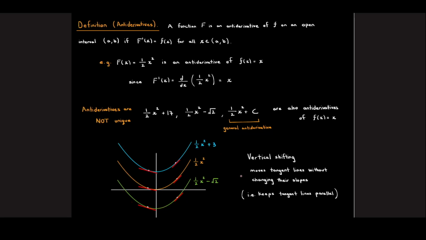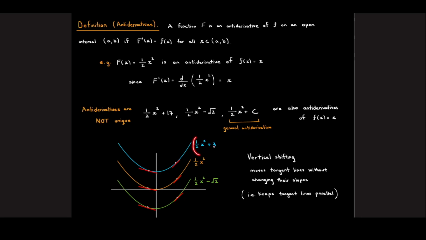Now, vertically shifting a graph will move the tangent lines, but it will do so without changing the slopes. For instance, consider the same point on each graph. The tangent lines drawn at those points are going to be parallel. They're going to have the exact same slopes. As another example, take these 3 similar points on all 3 graphs. The tangent lines drawn at these points are all going to be parallel. They're just shifted copies of one another.